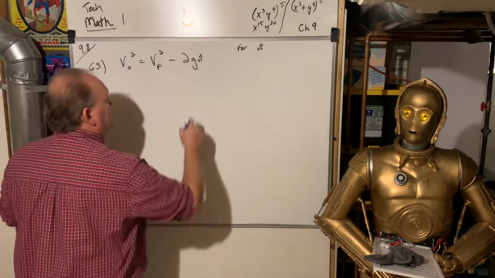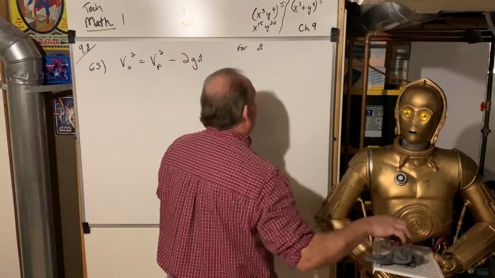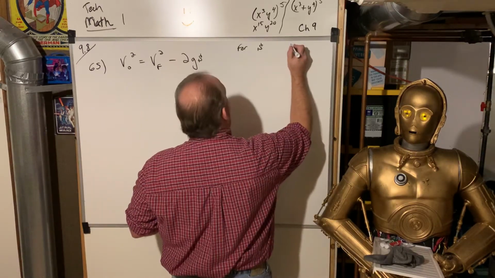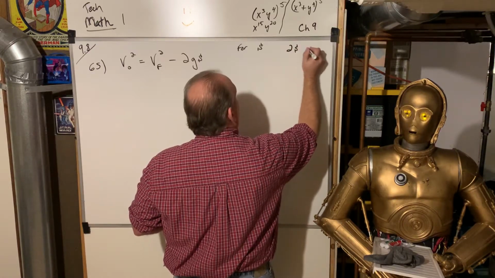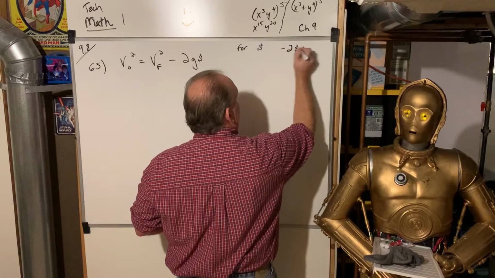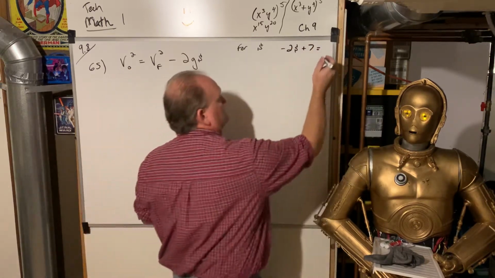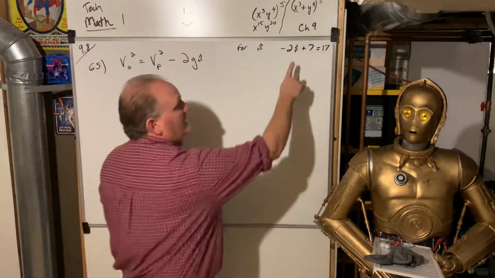So first, isolate the variable. Let's go back to an easier problem. All right, here, I'll just write it on that edge here. Look, if I had negative 2s plus 7 was equal to 17. What you would do to solve that equation, that would only have a single variable in it.